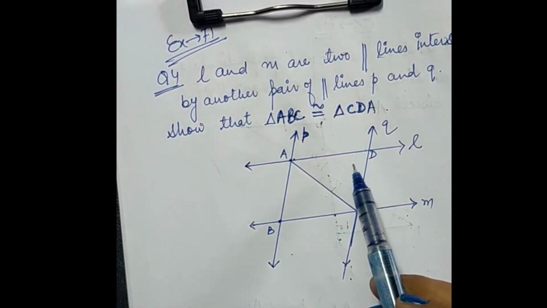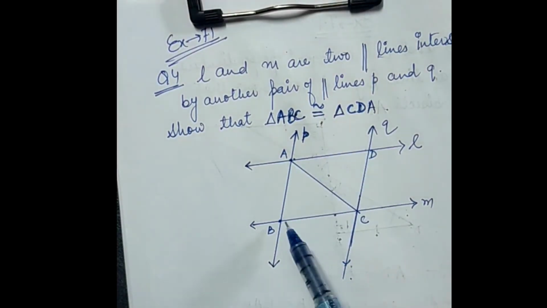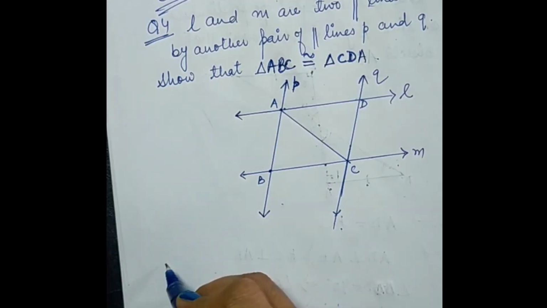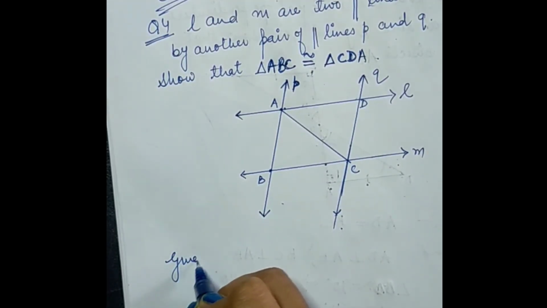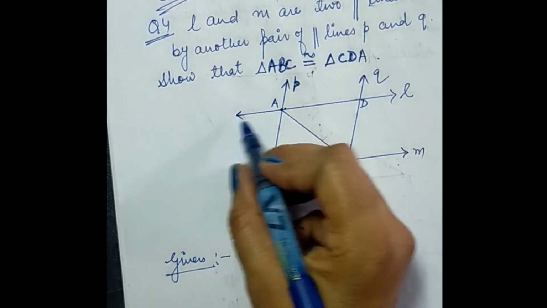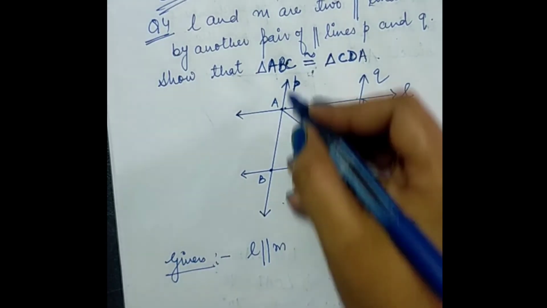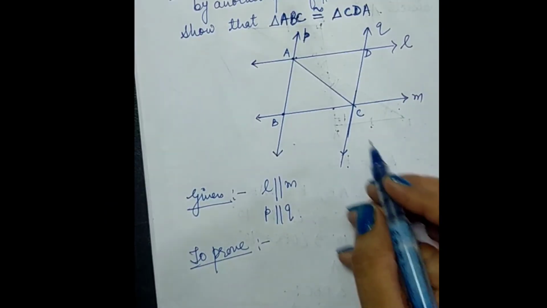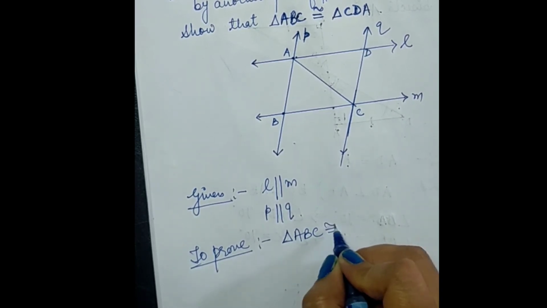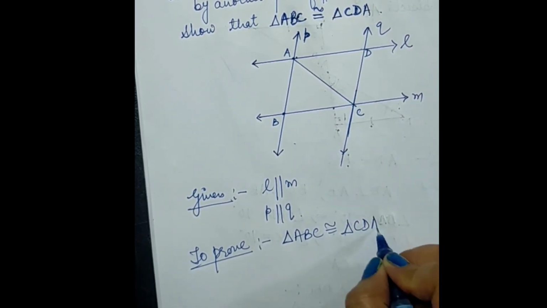See, first of all, let's see whatever is being given. L is parallel to M and P is parallel to Q. And we are supposed to prove triangle ABC is congruent to triangle CDA.